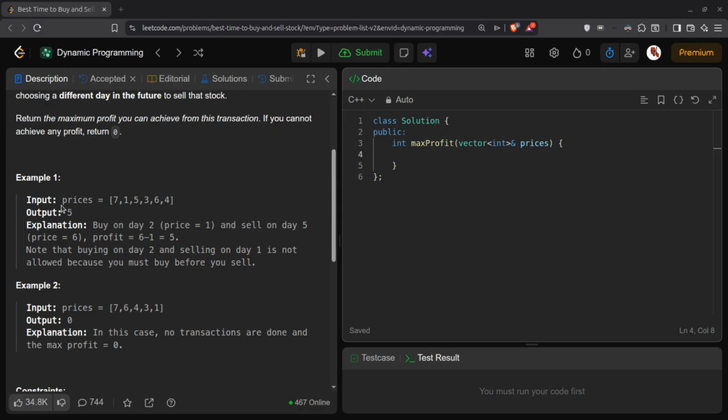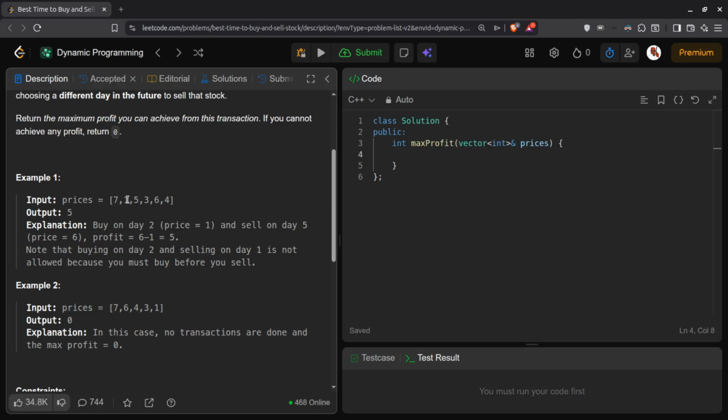So you have been given an array, and from this array, what is the maximum profit you can achieve, at what time you should buy and what time you should sell the stock, so that you can make the maximum profit. For example, in this price array, the best time to buy is at index 1, buying at 1 is the best option.